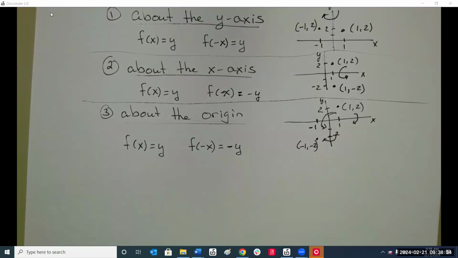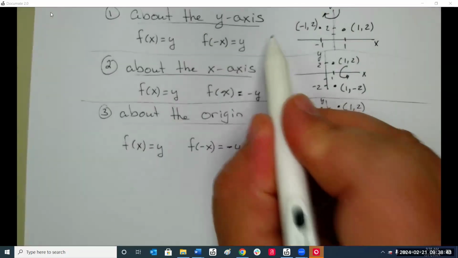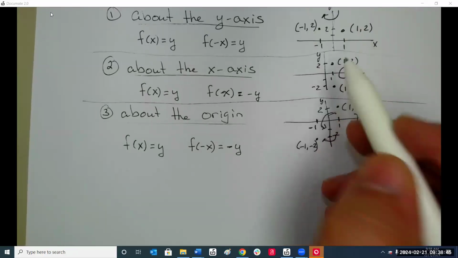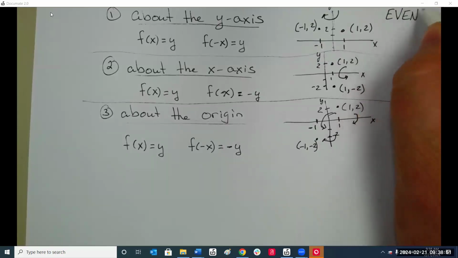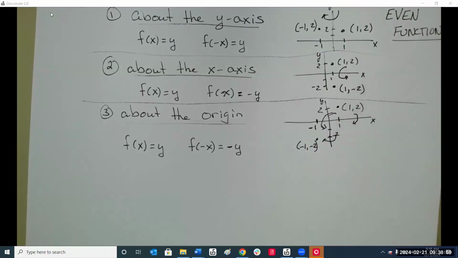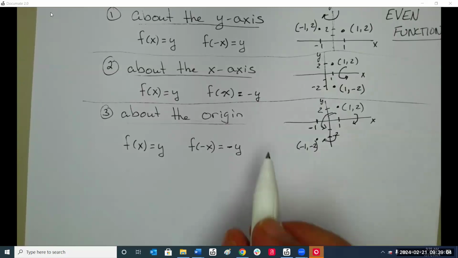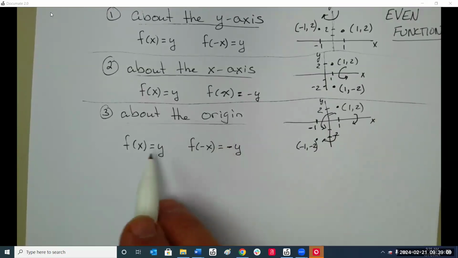Now, these have names. If it's symmetric about the y-axis, where the only thing that changes is the x value, we call that an even function. If it's symmetric about the origin, where I change x from positive to negative, then the answer changes.